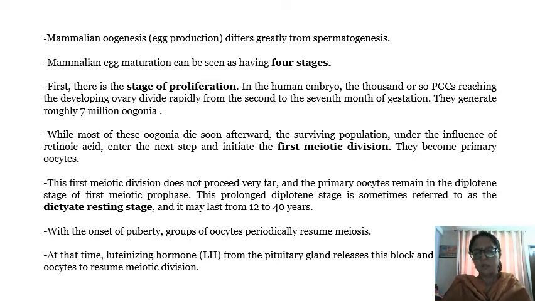With the onset of puberty, a group of oocytes periodically resumes meiosis, and at that time luteinizing hormone from the pituitary gland releases this block, and the oocytes resume meiotic division.